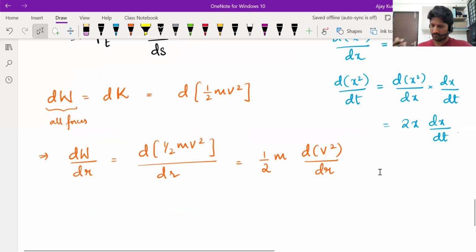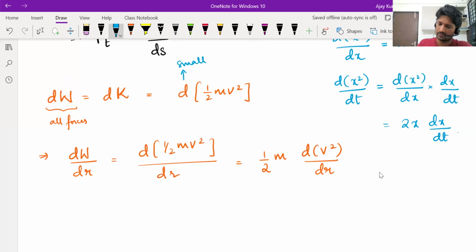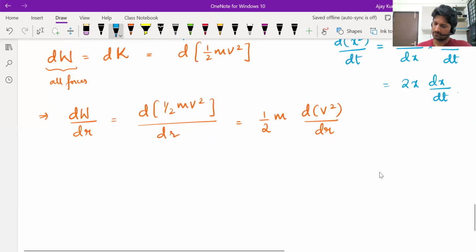So now come back to dw by dr. dw is small change in kinetic energy, which is d of half mv square. D indicates small change, okay? So d of half mv square means small change of kinetic energy. So you need to differentiate v square with respect to r.